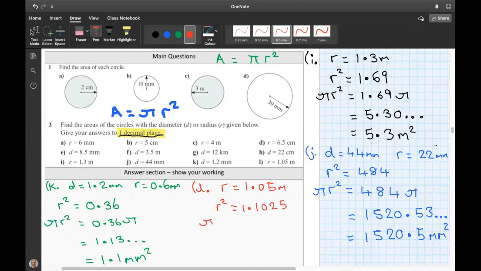So pi r squared is just going to be 1.1025 pi. Press the SD button on your calculator to find its numerical value. That's going to be 3.46... And then we need to round to one decimal place. 3.5, and it's going to be meters squared.